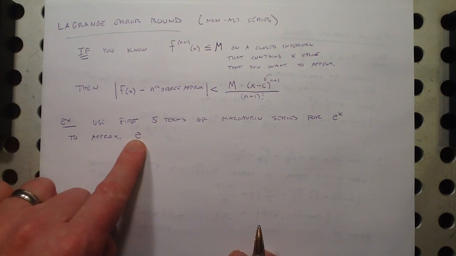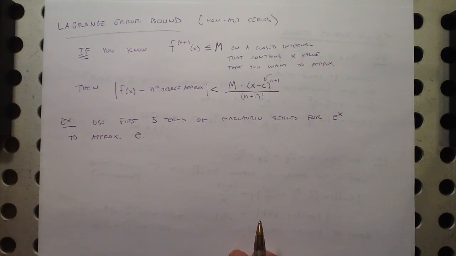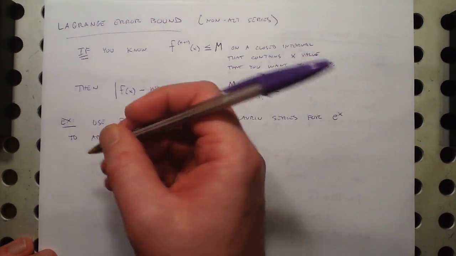And notice that, of course, e is e to the first power, right? So the first 5 terms.